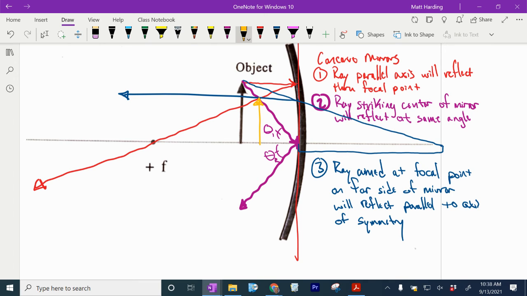They really do meet there. So this image is real and upright, although you can see it's somewhat reduced in size.